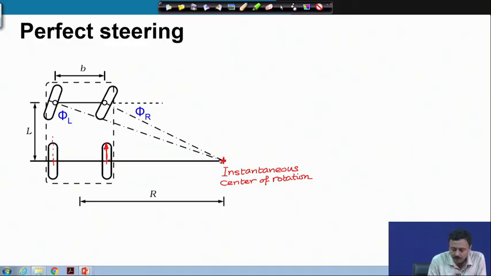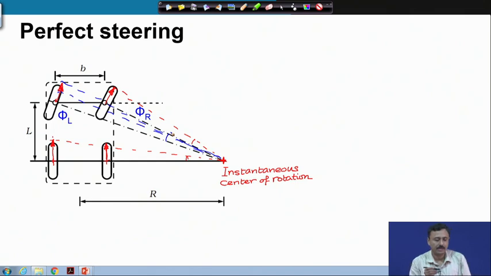So, if this is the velocity, then you know that velocity of the left rear wheel is this, and this wheel is this, this angle being the same, and therefore, the velocity of this wheel, you have to maintain this angle.